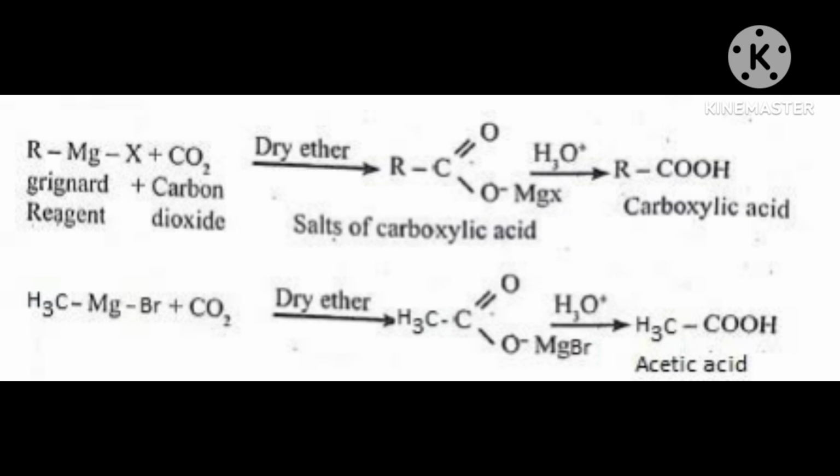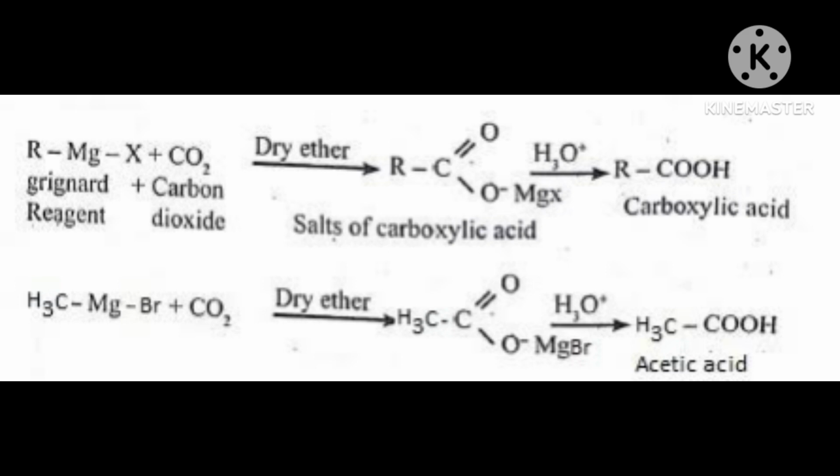Second, in the presence of base, means NaOH or KOH, OH minus must be there. Then what will happen? Same way, RCOCl is there, suppose it is NaOH, then Na plus will join to Cl minus and form NaCl.